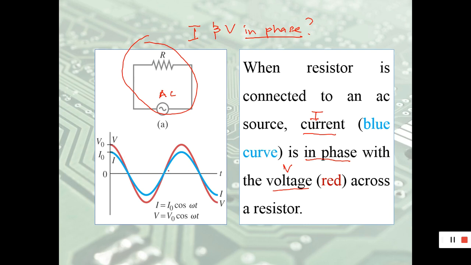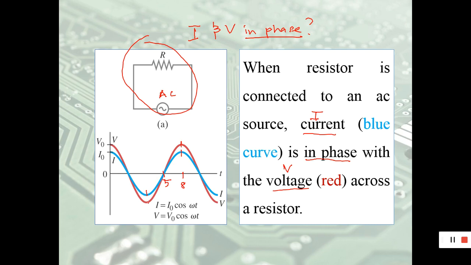For example, let's say t here is 5 seconds. You can see that at 5 seconds, V and I are 0. Let's say we put the value 8 seconds, V and I are at the maximum.